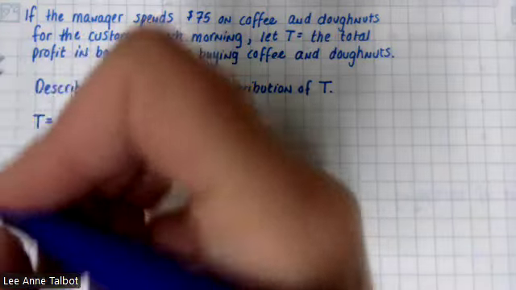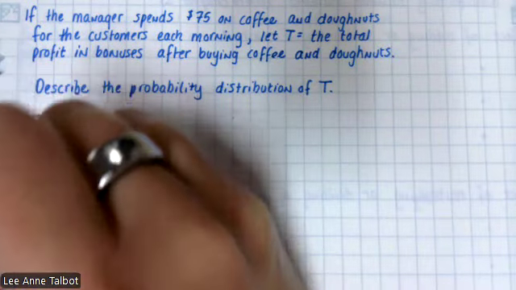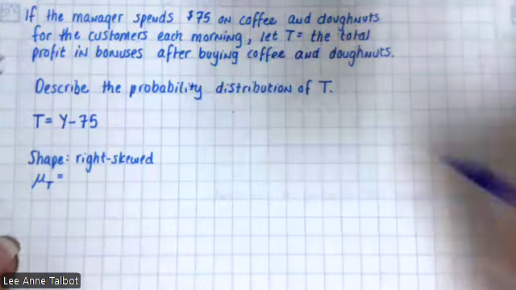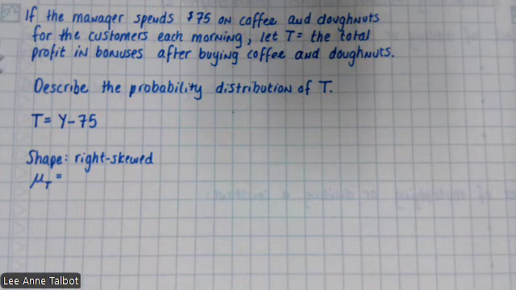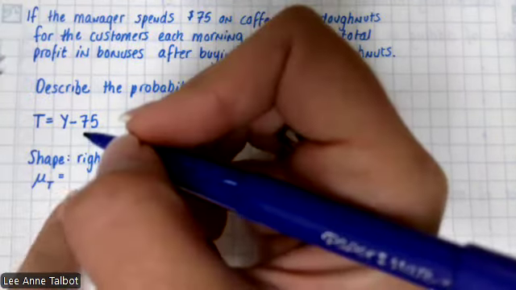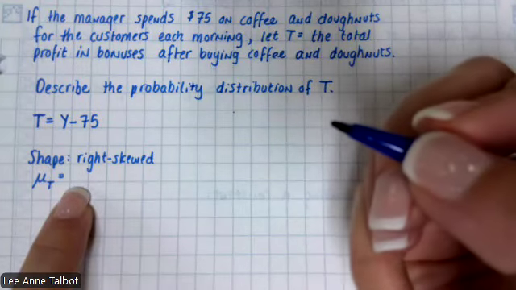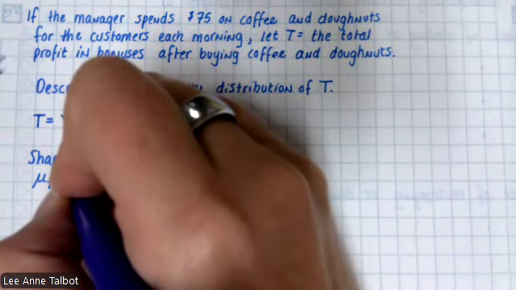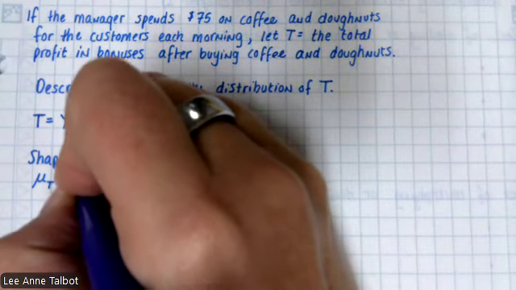Now the location would be center, which is going to be the mean of T. The mean is a measure of location. Is location affected by subtraction? Yes. Okay, so what was my mean of Y? $5.50.